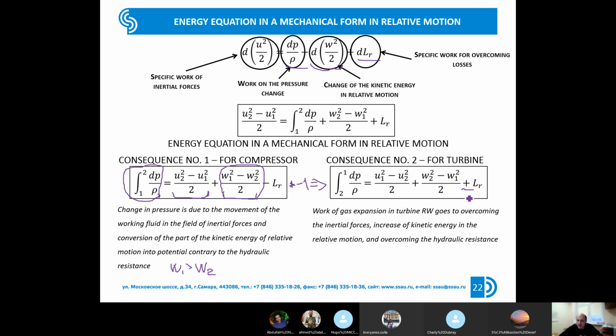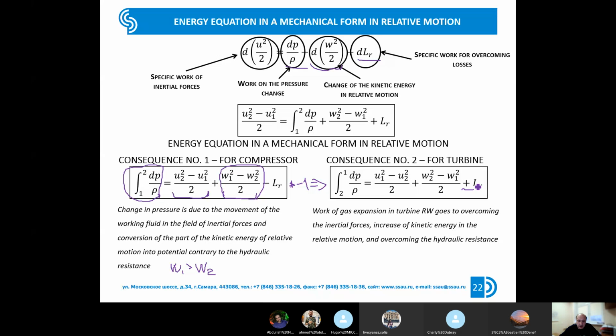Pay attention: we will very often find a situation where the equation for the compressors and for the turbine will be very similar, and they will have only one difference. You multiply one equation by -1 and receive the equation for the turbine.